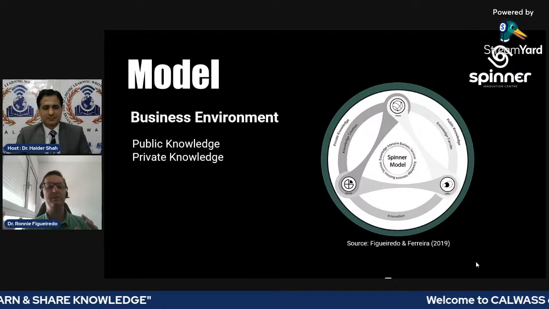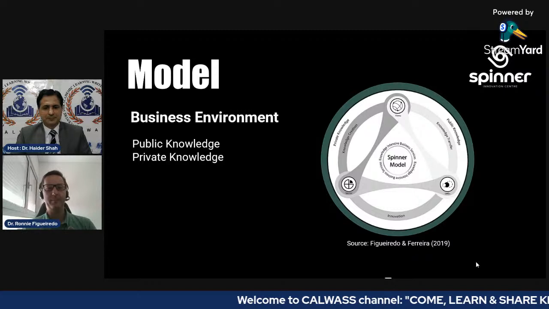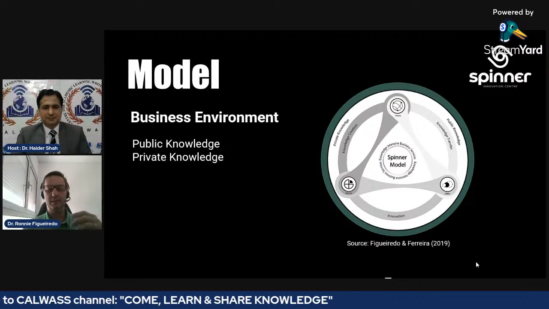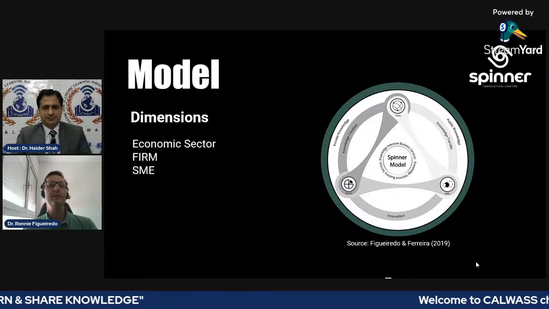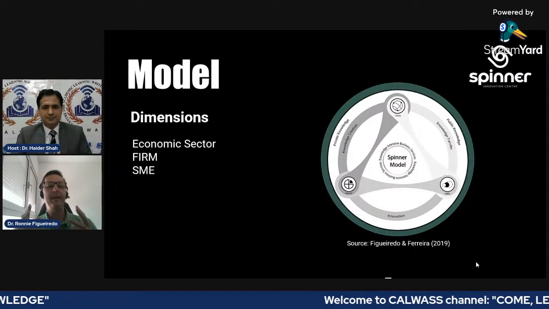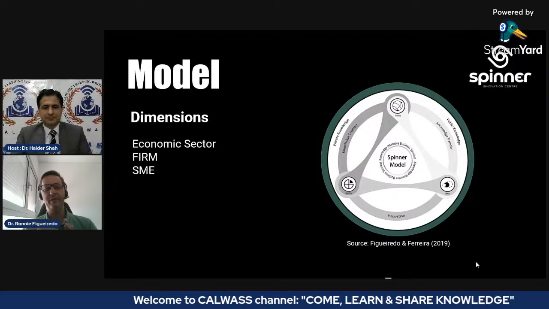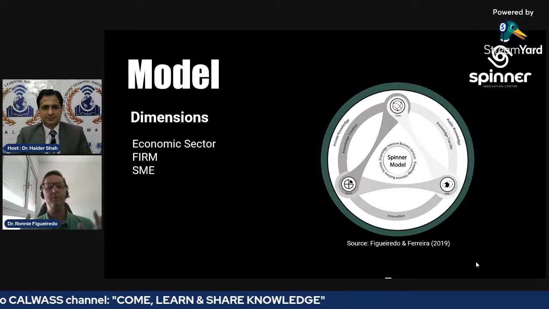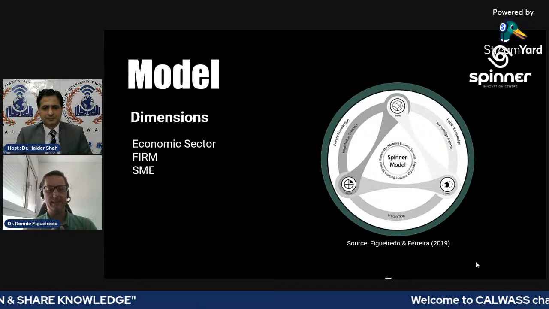So you need to consider the second moment of the model: the environment, the ecosystem that you are analyzing or inserting yourself into to start your connections and relationships. Then you need to identify the three main dimensions of the Spin Innovation Model. First, economic sector. Which economic sector are you considering, and so on.